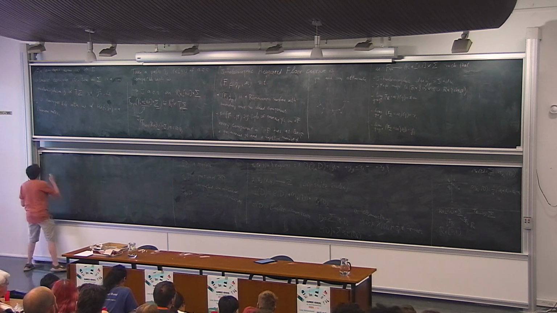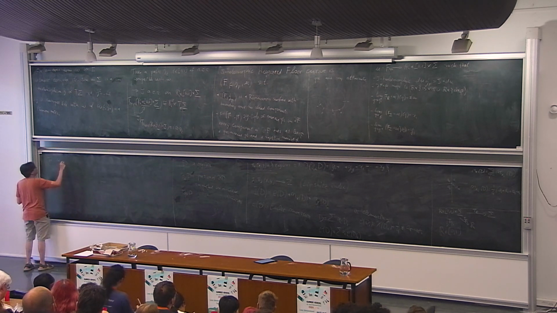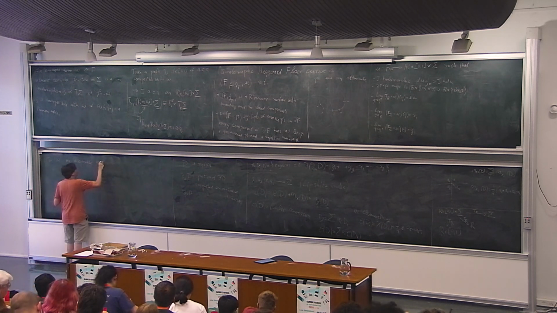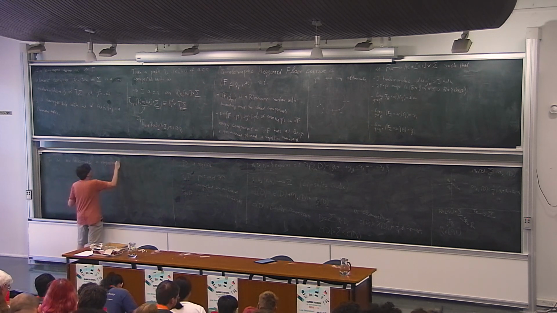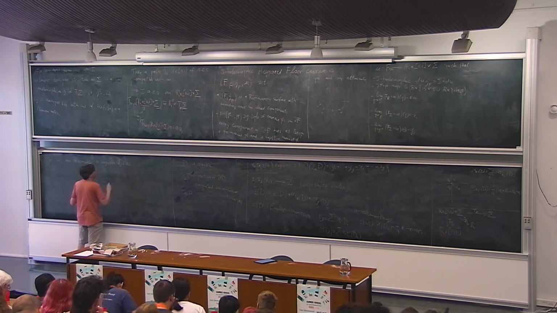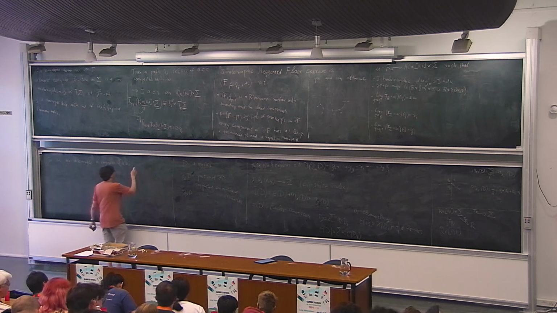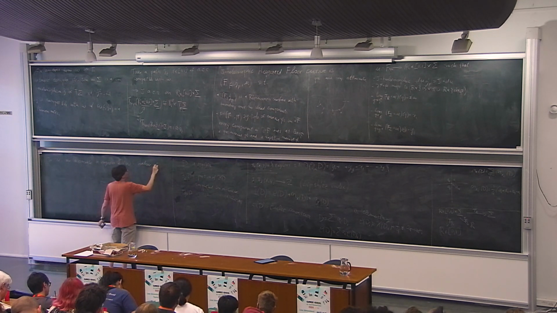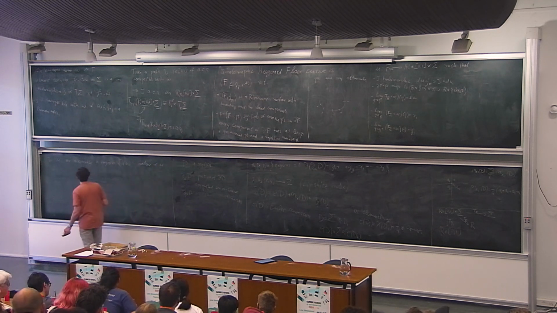So to u, we associate a region D(u), sometimes called the shadow of u, as follows.